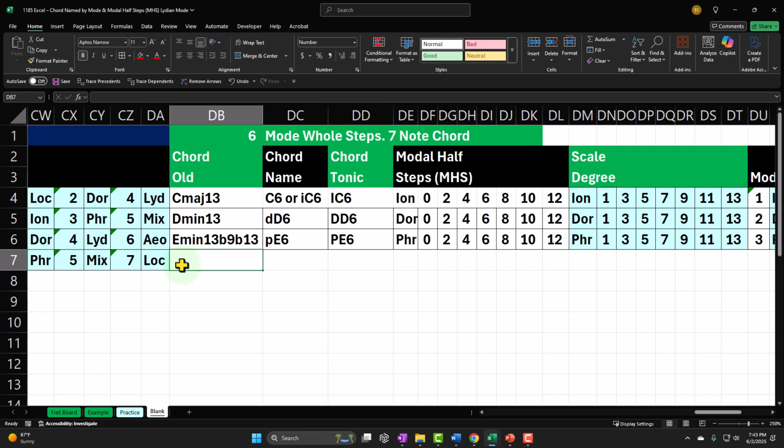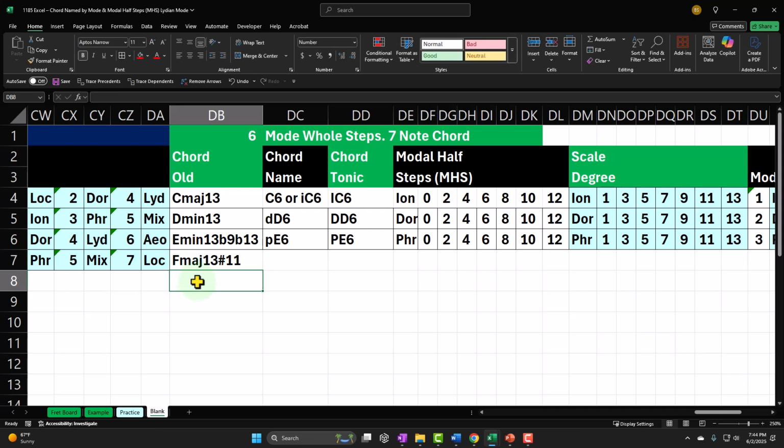Okay, let's say, what if we were going to do a seven note chord? Well, normally it would have to be called a 7-note Lydian chord, which would be all the notes in the scale, right? It would have to be called an F major, I think this is right, 13, and then sharp 11. Okay, why?